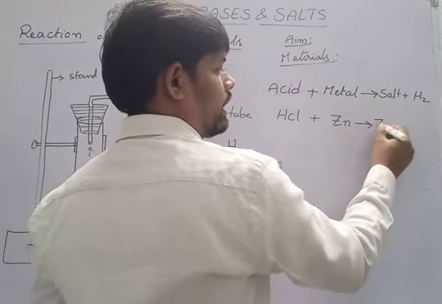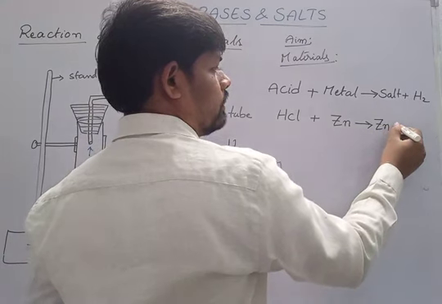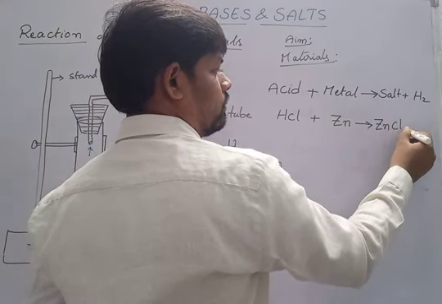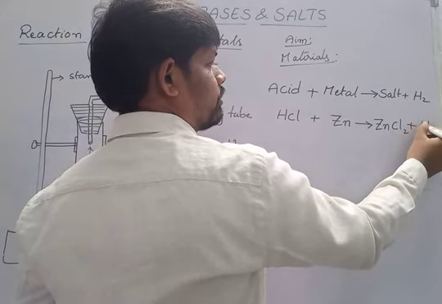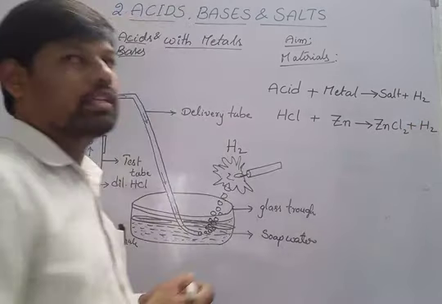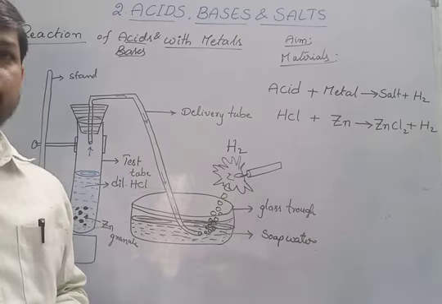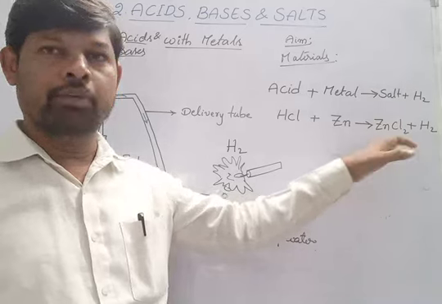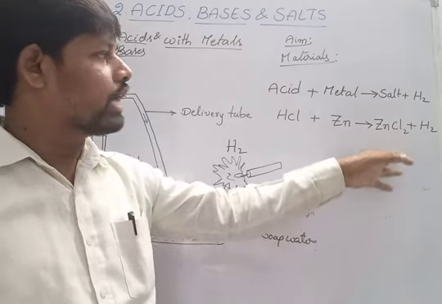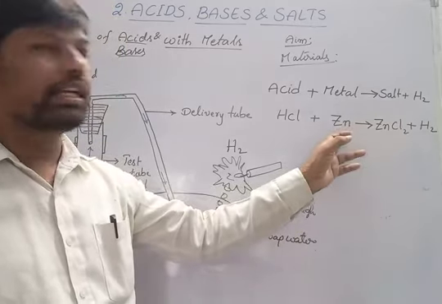Zinc chloride, ZnCl2, and the gas is H2. This is a skeleton equation, that means it is not balanced. An unbalanced equation is called a skeleton equation.